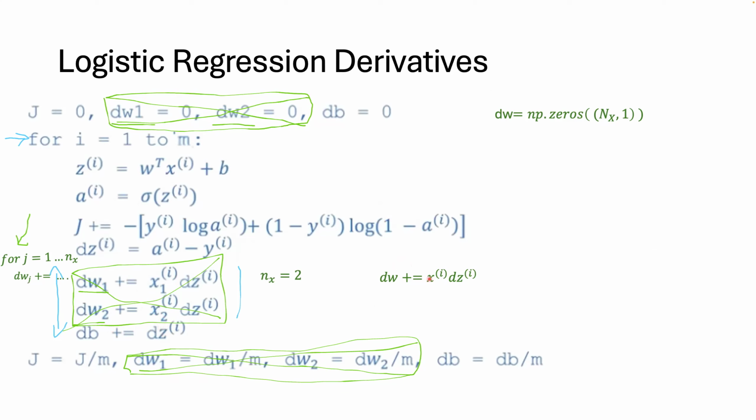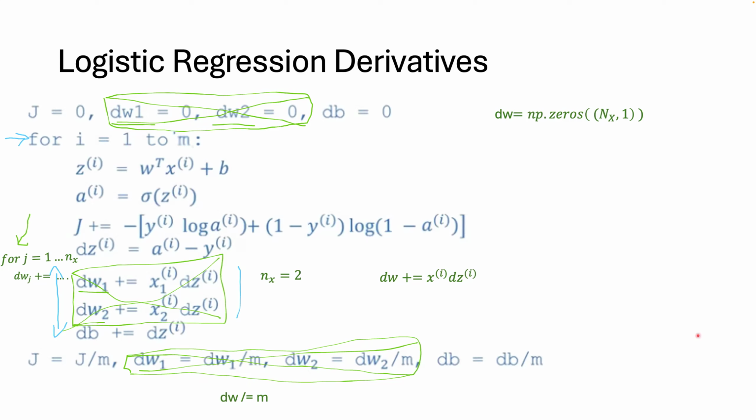So this is the iteration we are in, and it would take that derivative for that one. And finally, instead of dw1 equals dw1 over m, dw2 over m, and so on, we will show that it will be dw over m. This is what we're going to do.